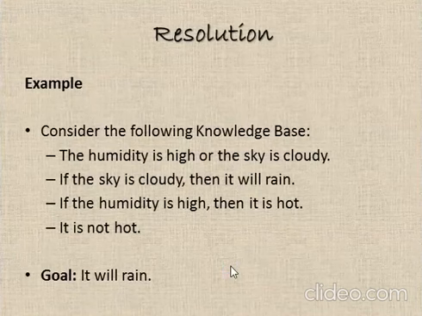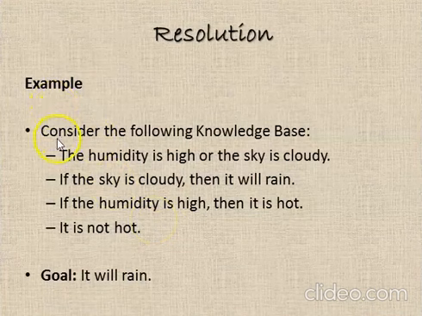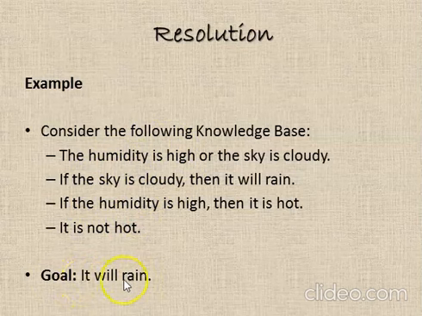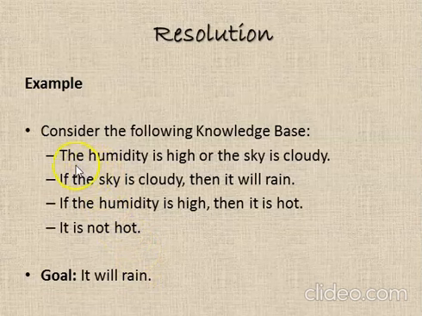So by an example, the things will be very clear. Let us see an example with this knowledge base. These are some facts given and our goal is to state that this statement is true: it will rain. The statements or knowledge facts are: the humidity is high or the sky is cloudy.